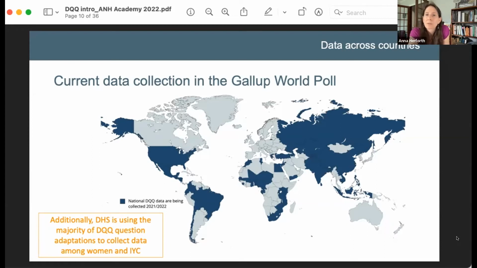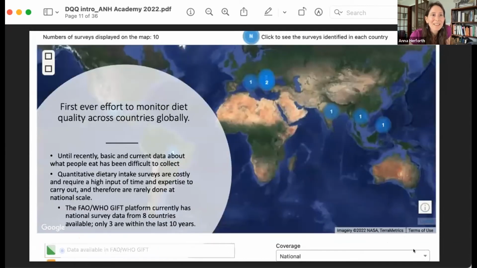There's not really a central repository. So we hope to create this place where you can find comparable data across countries and use that to understand diet patterns across countries. And this is the first effort really to monitor diet quality across countries.